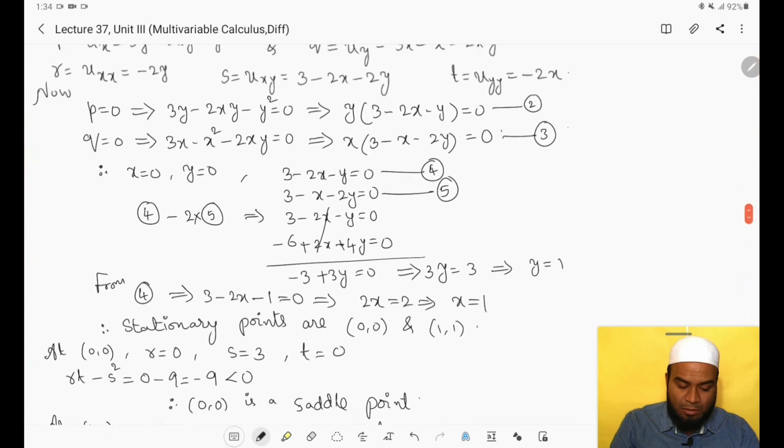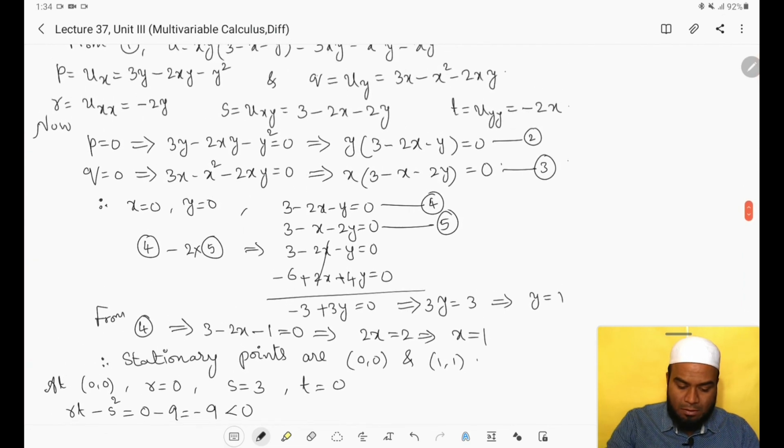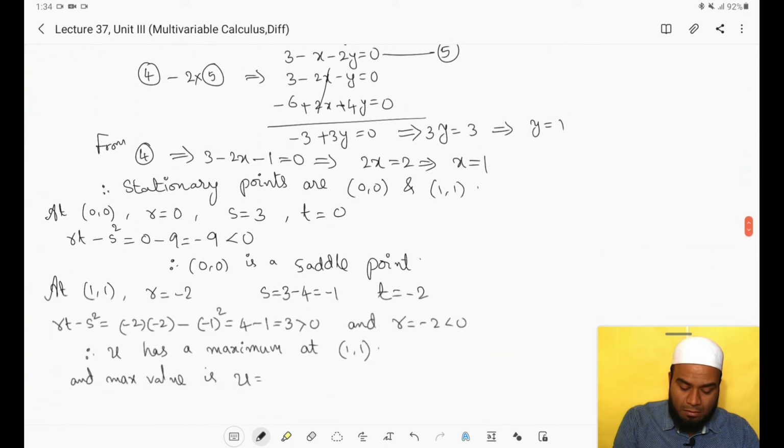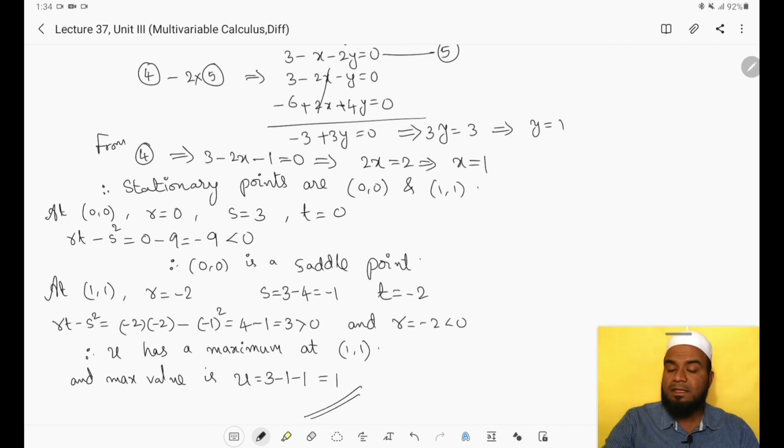The function is u equals 3xy minus x square y minus xy square. So in place of x and y we have to put 1, 1. So 3 minus 1 minus 1, which is nothing but 1, right? So the maximum value of the function is 1, and this maximum is obtained at the point (1, 1).